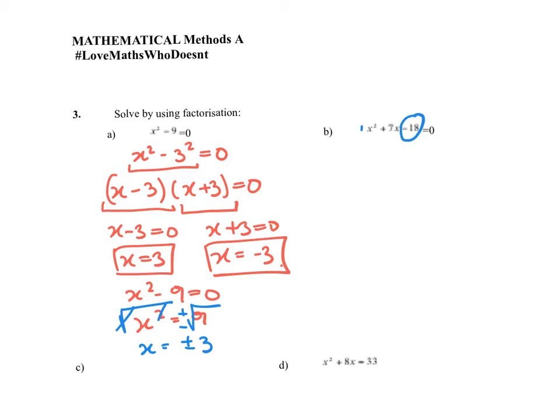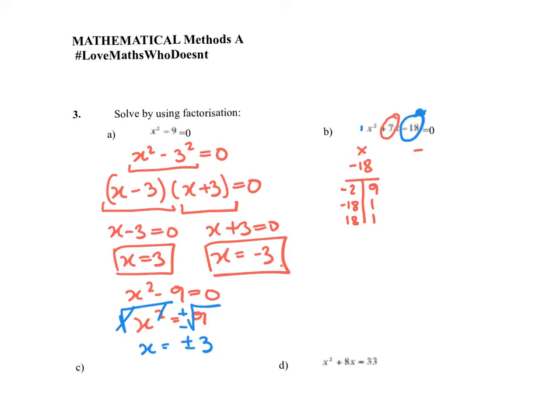So we are looking for two numbers that multiply to give us negative 18, and when we add them together give us plus 7, which is the coefficient of x. Now let's list the factors.